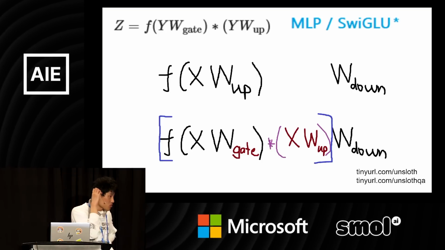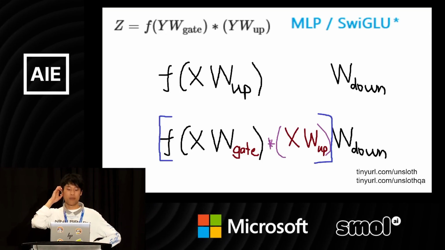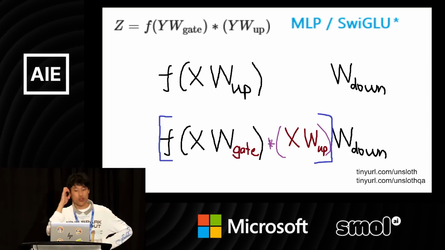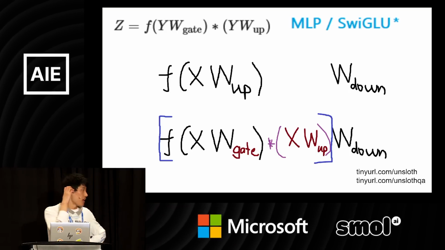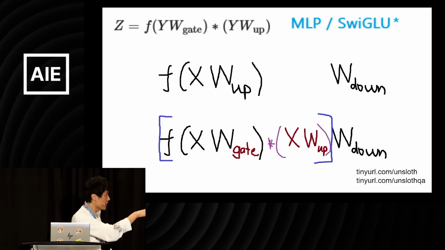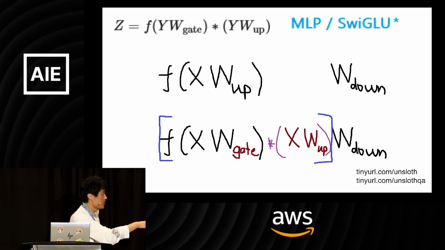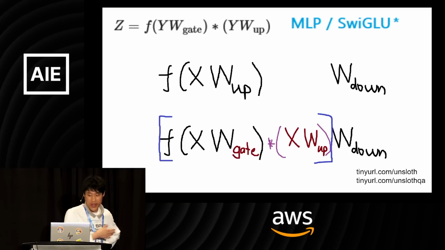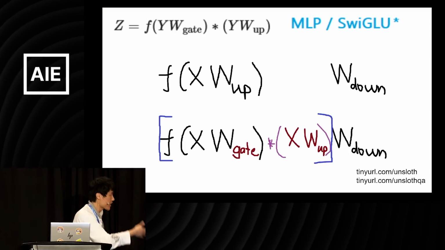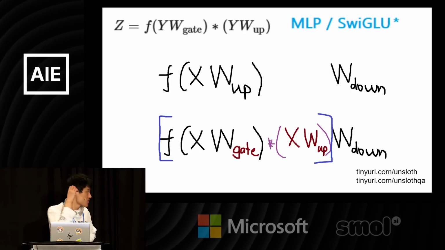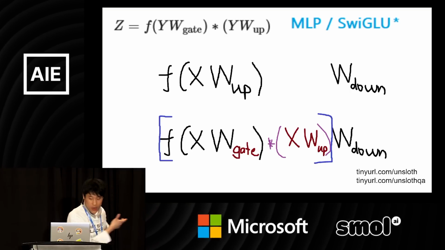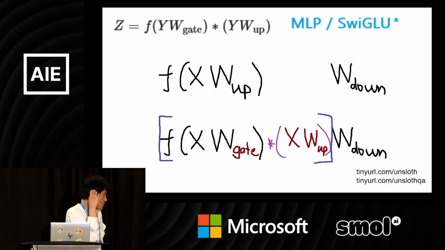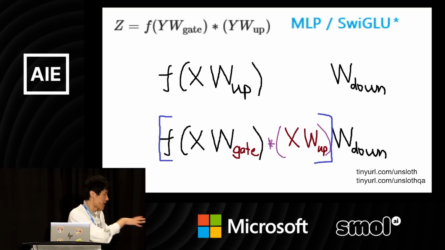There is a very big difference though. In GPT-2, they don't use the GELU variants. They simply just use a normal MLP, right? So X times the weights up, do some sort of activation function, and then you down project it, so the weights down, right? But then if you do SwiGLU and this new variant, the GELU variant, you essentially add this component where you do element-wise multiplication, and then you do a down projection.